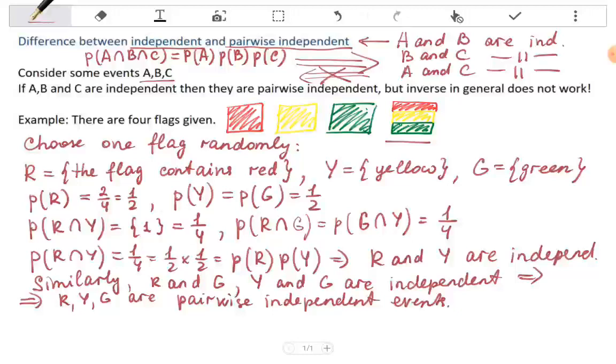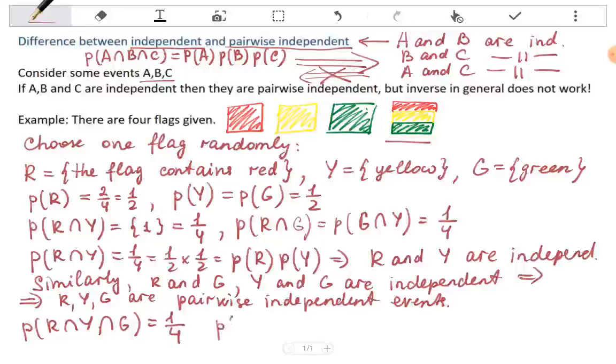Right? What about just independence? We need the probability of the intersection of all these three. Probability of R intersection with yellow intersection with green. And again, the common intersection of these three events is only one outcome, this flag, right? So the probability is 1/4.